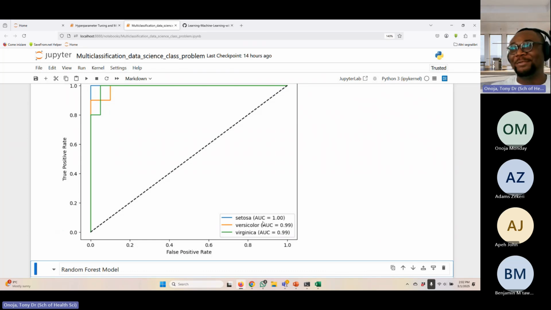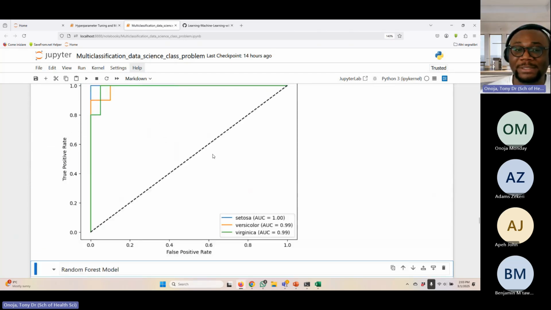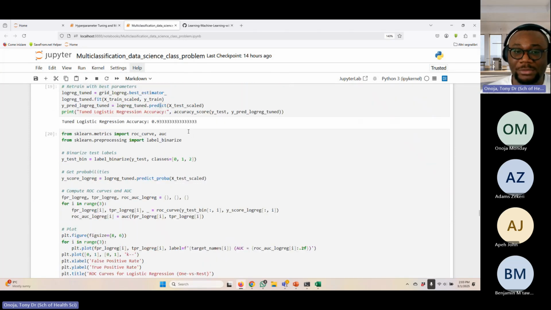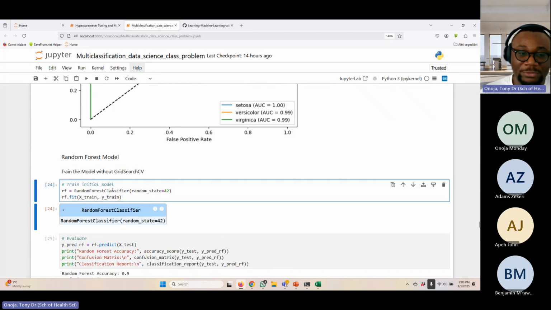So don't be excited when you have this perfect model. Always know that there is room for errors. Okay, so you can see this is 99, 99, quite a perfect model, but like I said, in real life, be careful. But I understand, because the testing set has just 10 points, so it's not really much for us. But again, try to question it.